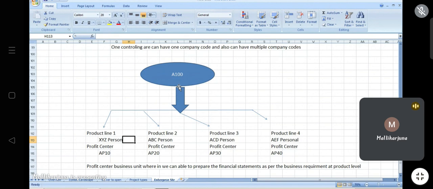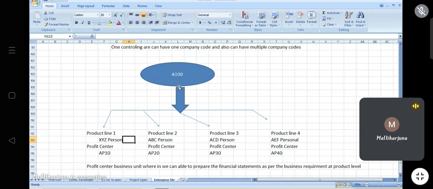Let's say region wise. For east they want to create one profit center, covering whatever transactions, selling or procuring products. Manufacturing centers are located across India, south, north, east and west.